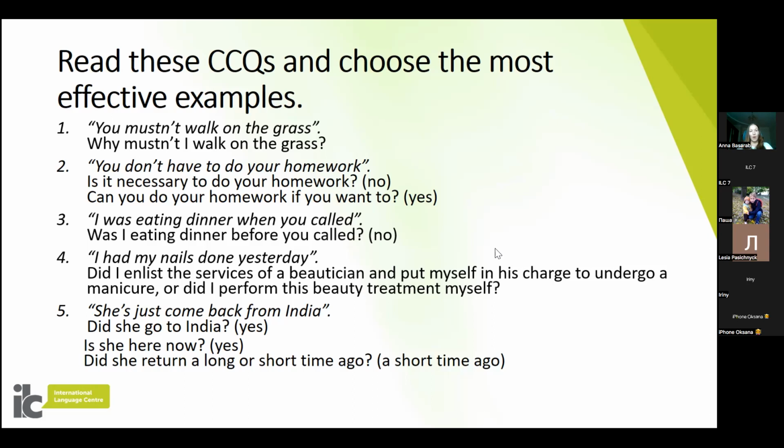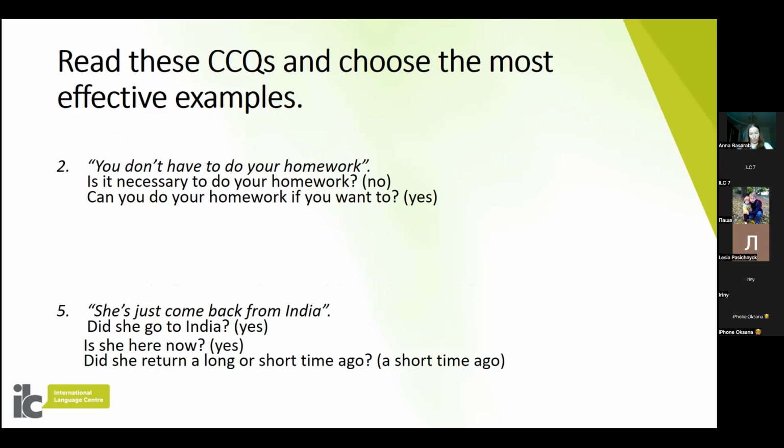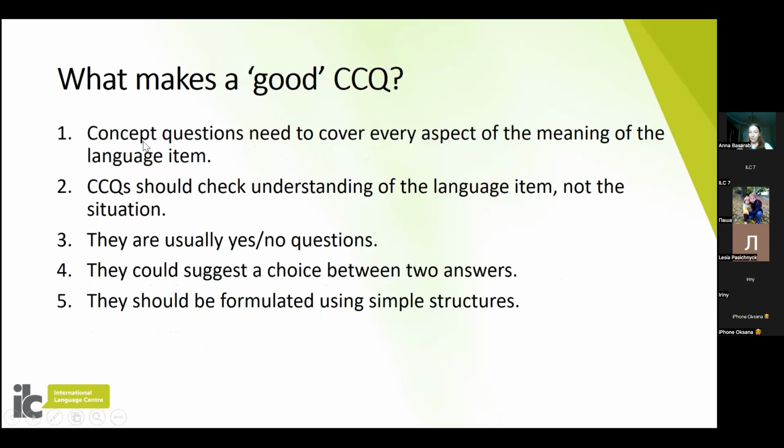Okay, so to begin with, they covered all aspects of the meaning of the target language. Then they checked the meaning of the grammar, in the first example, don't have to.